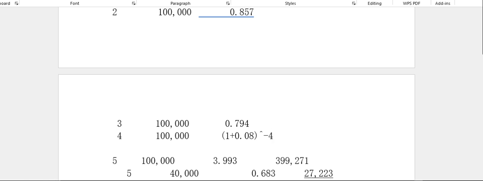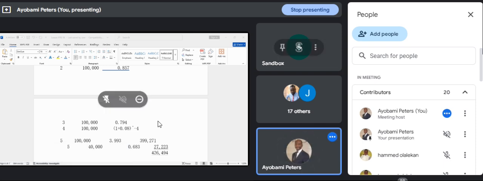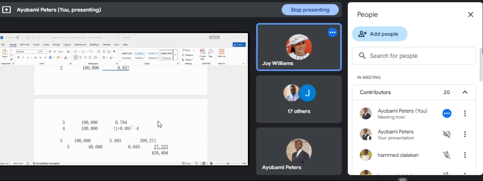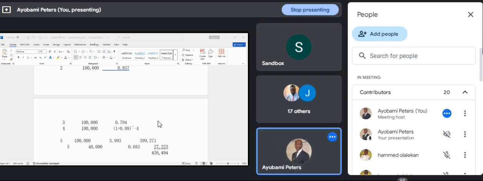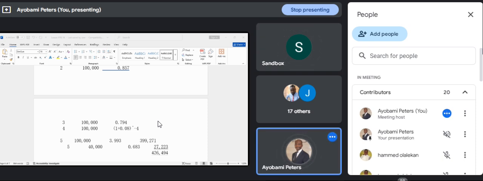Please, you have your calculator with you. 1 plus 0.08 will give you what? 1.08. Now, that answer that you have, raise it to power minus 4.